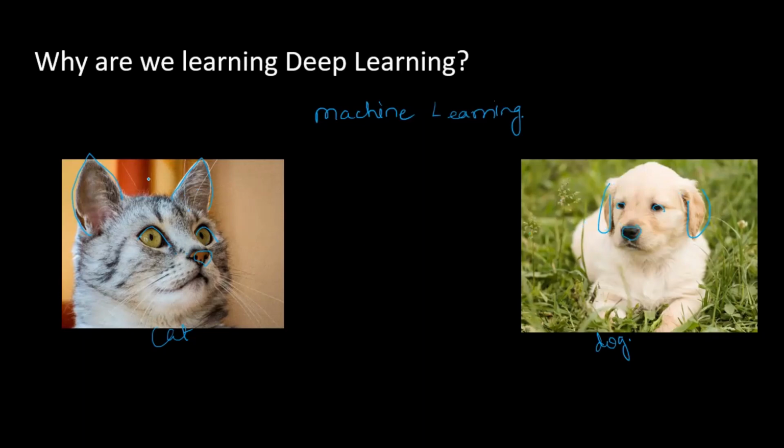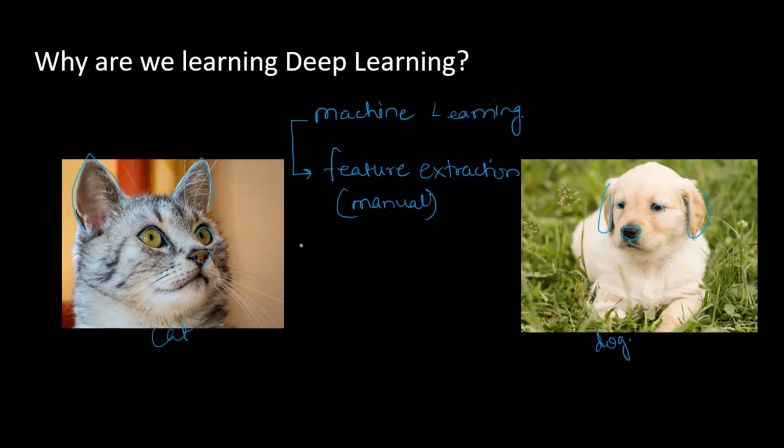I need to explain each and everything. Like, see, the ears are pointed. Okay, see, the ears are blunt. Everything like that is called feature extraction. Feature extraction means describing the features of the cat, and in the dog case also. In machine learning, feature extraction was very manual.